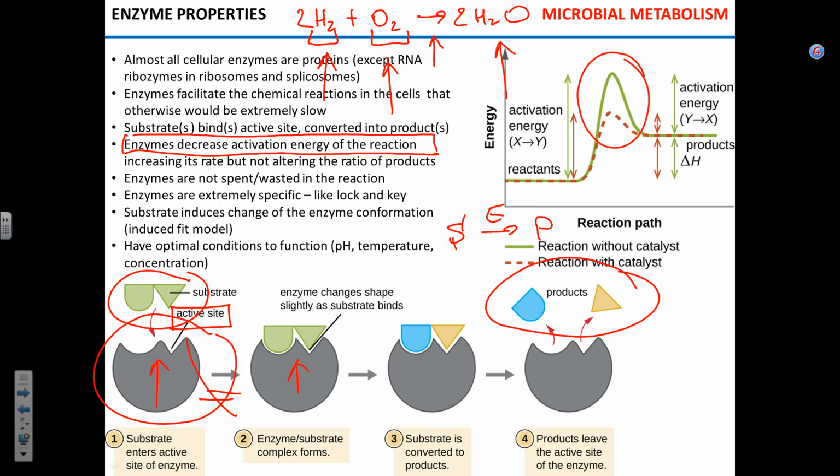What about the enzyme pepsin in the stomach? pH 2, 4, 3, acidic, right? Does that mean that pepsin is not going to work at neutral pH? Yeah, not as well. But when we say optimum conditions, we mean there are optimal ones.